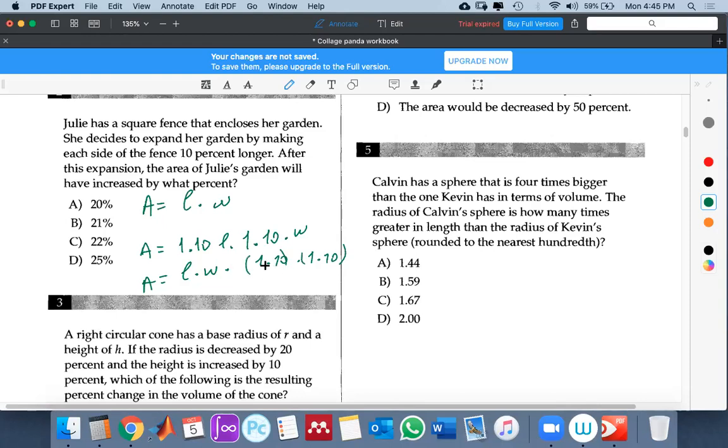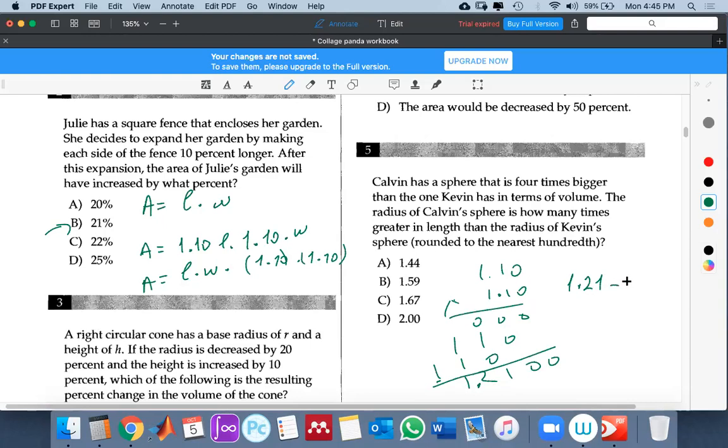Probably 121. It will be 1.21. 1.21, right? Okay, so 1.21, ladies and gentlemen.